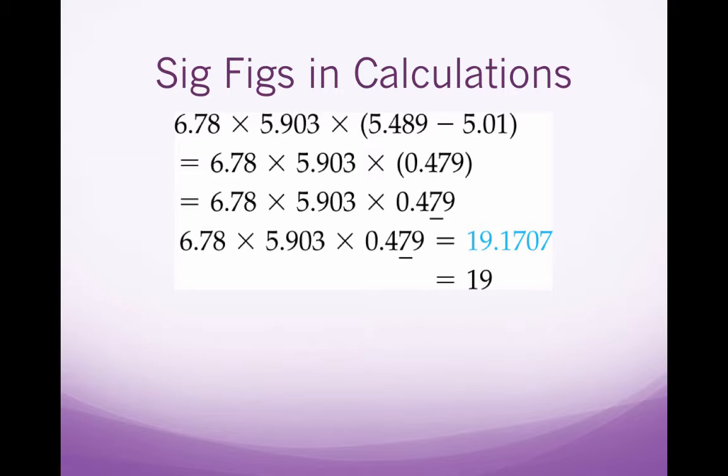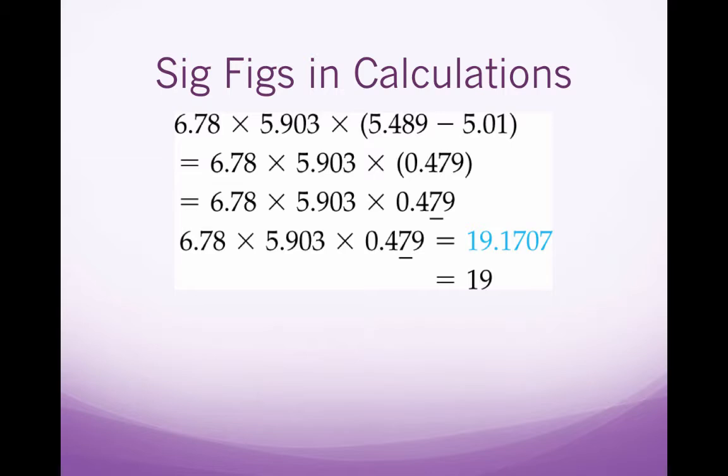So what you'll do first is you'll do the calculation within the parentheses. So that's the 5.489 minus 5.01. We get 0.479. So if you look at the third row here, what we end up with is 6.78 times 5.903 times 0.479. The 7 is underlined because that is where we'll round for significant figures.